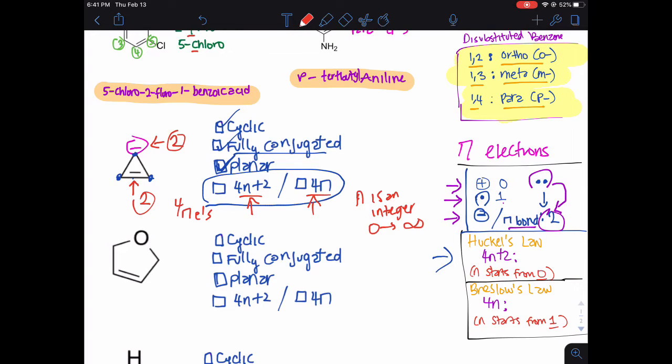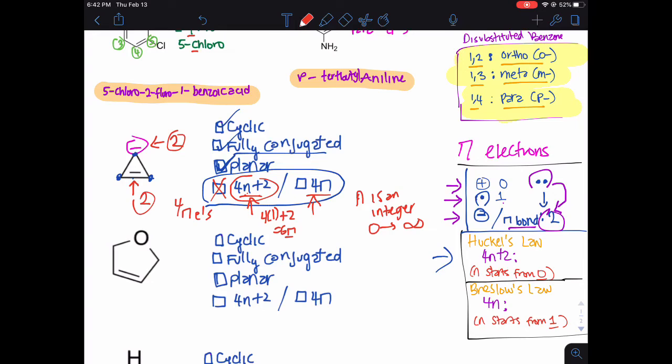So if we put 0 for n over here, that will give us 2 pi electrons, right? If we go up in number and we put 1 for n instead, this will give us 6, right? 4 times 1 plus 2, that will give us 6, right? So this doesn't have 2 pi electrons, neither does it have 6. So we know it doesn't fit that criteria.